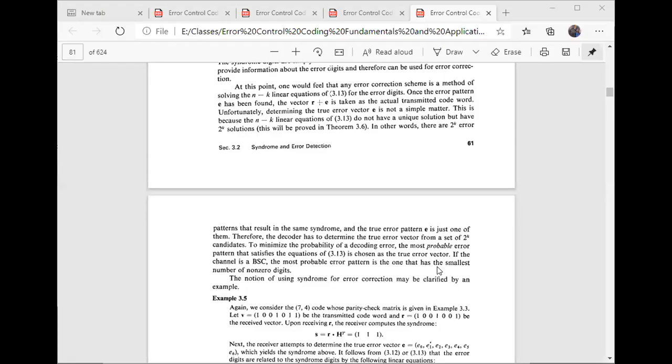Now okay. See, no need to write again here. Consider the 7,4 code whose parity check matrix is given in example 3.3. I will show that. Let V be the transmitted code vector. I told you X, here V, and R is the received code word.